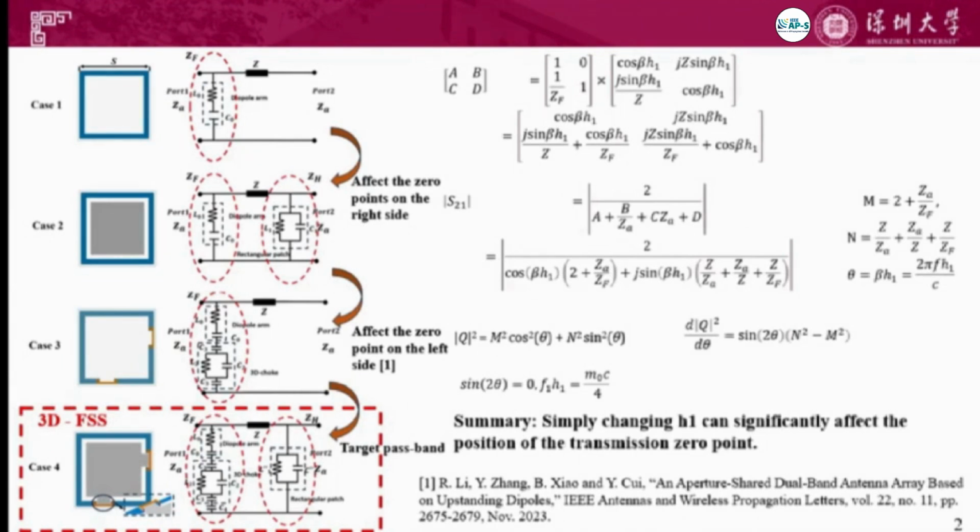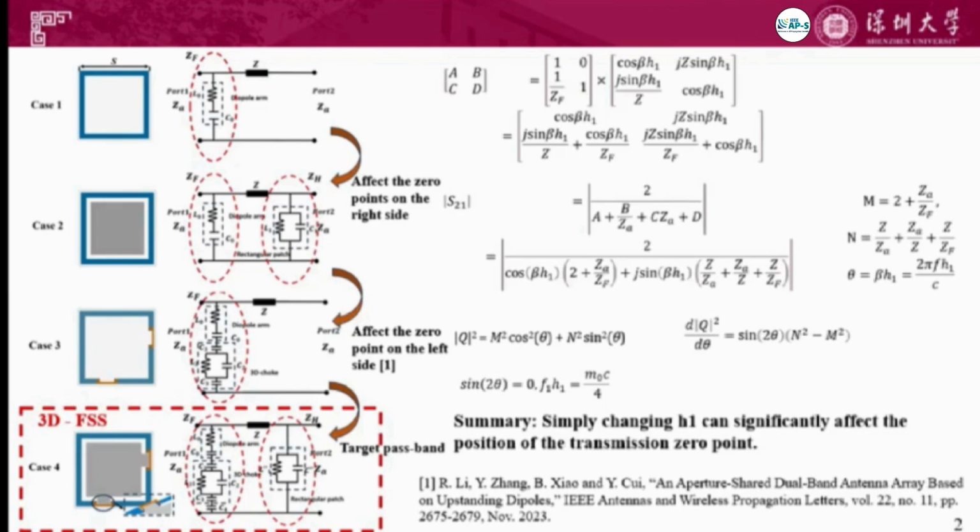Case 3 innovatively incorporates a 3D choking structure, which increases the transmission electrical length and shifts the left zero leftward. Finally, Case 4 seamlessly integrates the rectangular patch with the 3D choke, enabling simultaneous control of both left and right transmission zeros without increasing the antenna footprint, achieving the target passband of 2.7 to 3.4 GHz.